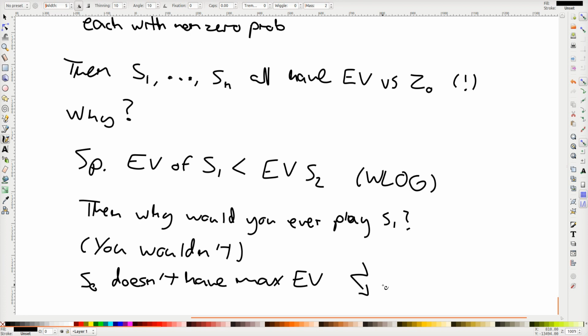So to recap, if you're mixing between strategies and one of your pure strategies does worse than the rest, it has worse EV, then whenever random.org tells you to play that, just play a different one and you're improving your EV. So if your EV is already as high as possible, because you're at a Nash equilibrium and you're maximally exploitative, then what that means is that all the EVs of the pure strategies have to be equal.